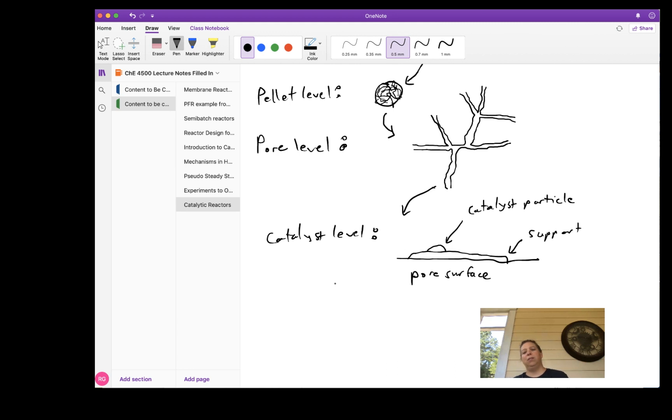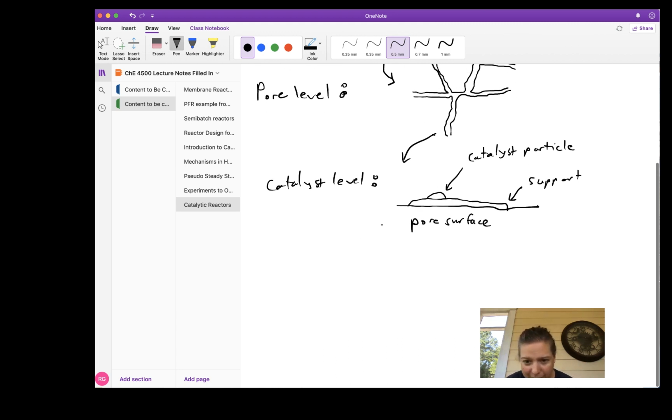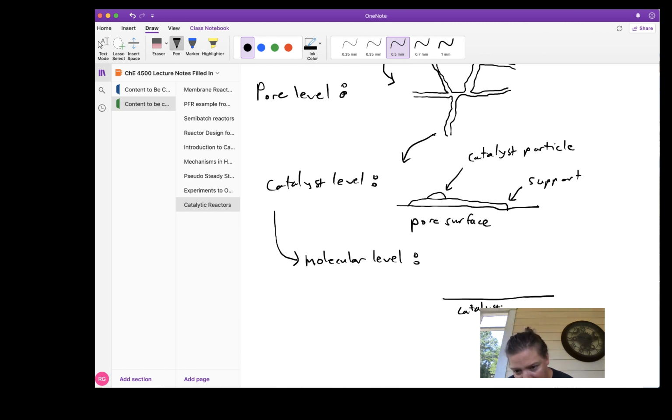So then we could zoom in even further to the molecular level. And that's what we showed in the more recent lecture. So here we have the catalyst surface. Notice that I drew this as flat. Here I have this particle that's got some curvature to it, but here I'm drawing this as flat because the molecule is so small compared to that catalyst particle that it just sees the flat surface.